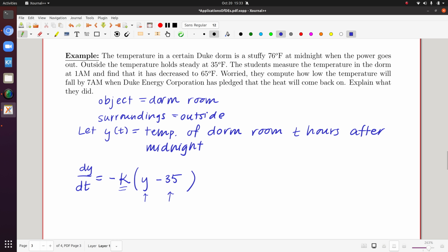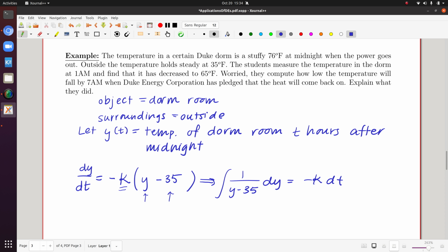Importantly, this is separable. Just like the previous example, this one depends only on the dependent variable y, which automatically is separable. And we have a few choices for how we want to separate that. I'm going to choose to bring this over here and leave the minus k on the dt side. Alternatively, you could bring the minus k over with y.